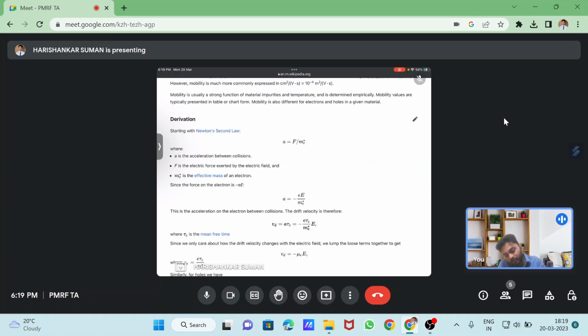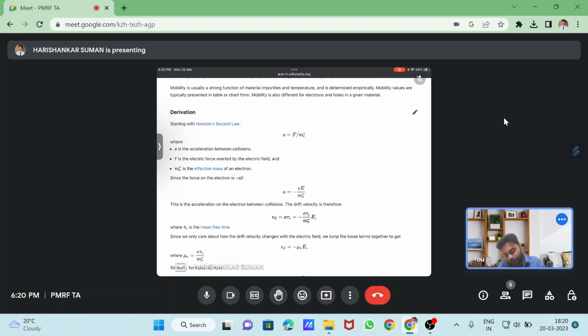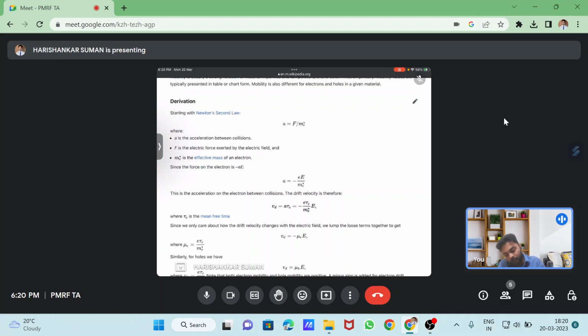The drift velocity is therefore Vd = a tau_c, where tau_c is the mean free time between two collisions. Let's put in the value of a. a = -eE/m, so Vd = e tau_c E/m.